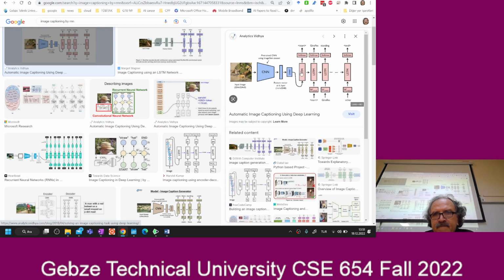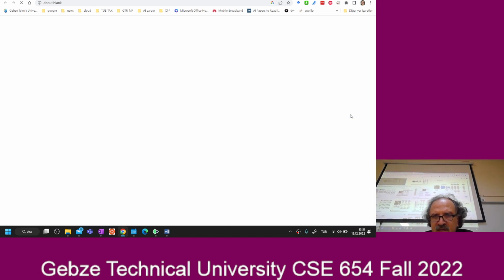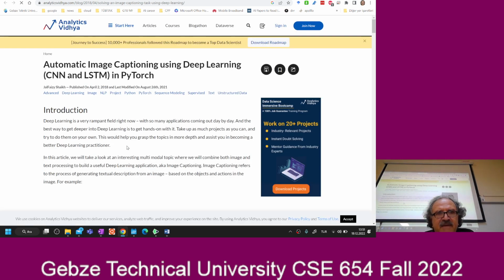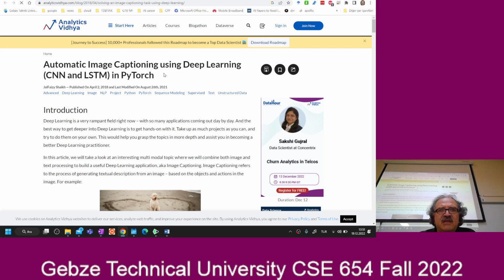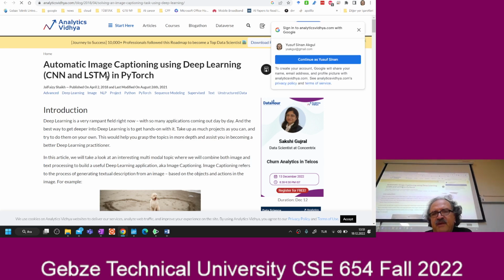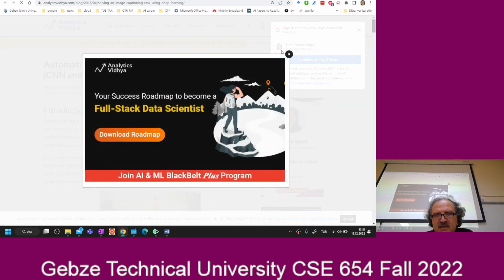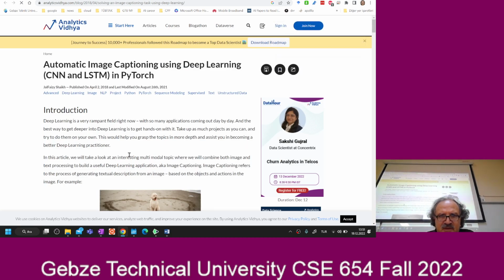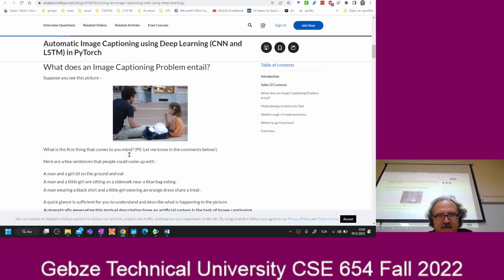Somebody's giving this. Automatic image captioning using deep learning, CNN, LSTM, both of them are, of course, these are RNN versions. Okay, I am ready now.